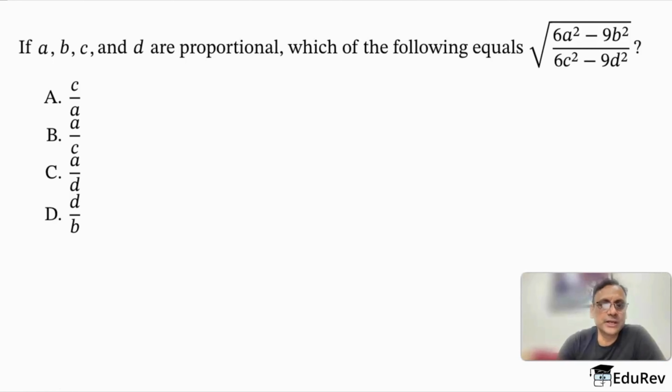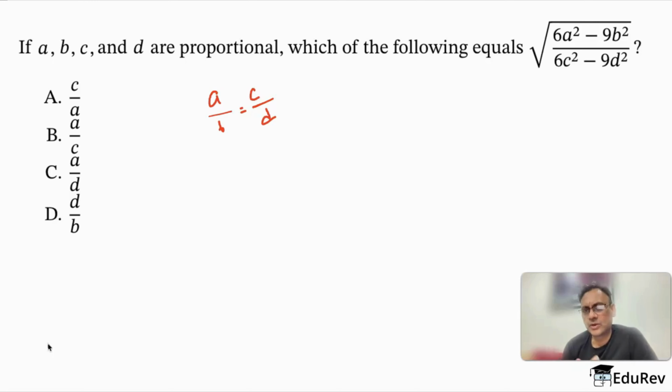In a regular proportion, we have A by B is equal to C by D. Fine. So what should we change here? What method should we try here?